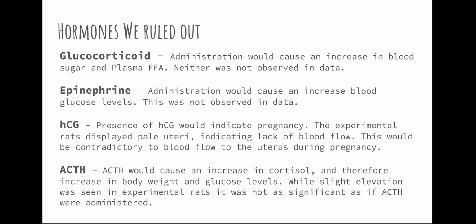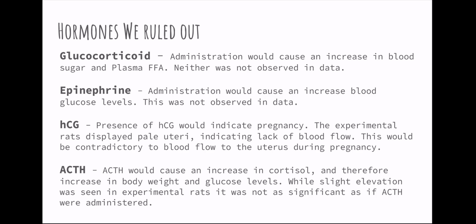And then the HCG would indicate pregnancy. So the experimental rats displayed a pale uterus, indicating a lack of blood flow and would be contradictory to the blood flow in the uterus during pregnancy.